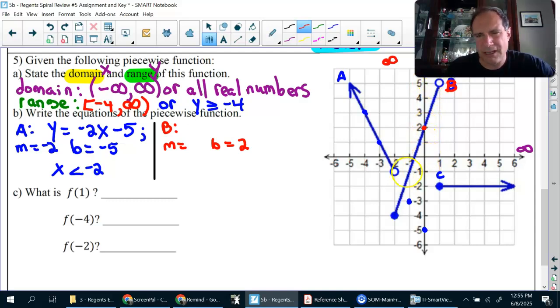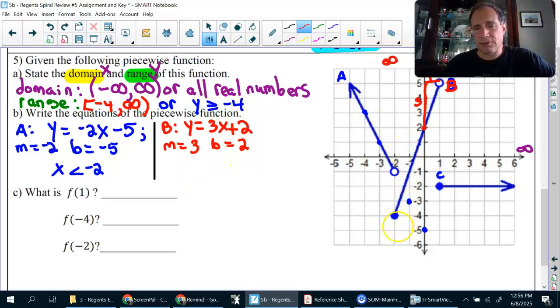So we're talking about a rise of 3 and a run of 1. So that means the slope is 3, and it's going up from left to right. So this is y equals 3x plus 2.